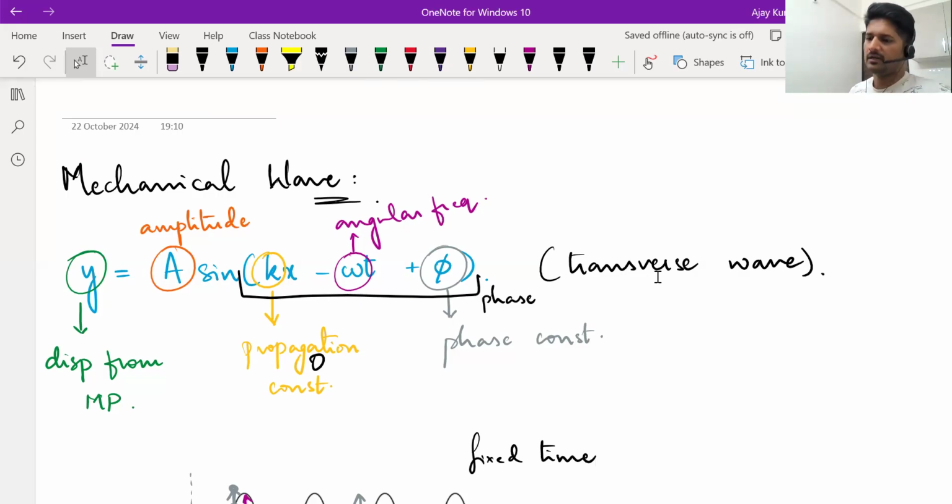But what happens is at a particular position, maybe an x coordinate or a y coordinate or a z coordinate, whatever it is, at a particular point in space, the electric field strength increases, decreases. So we need to write an equation for the electric field strength and the magnetic field strength. That is how we represent electromagnetic waves.